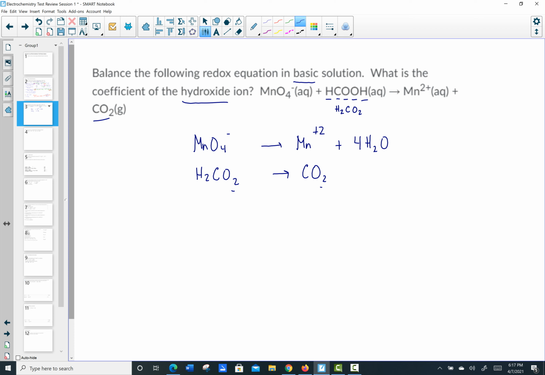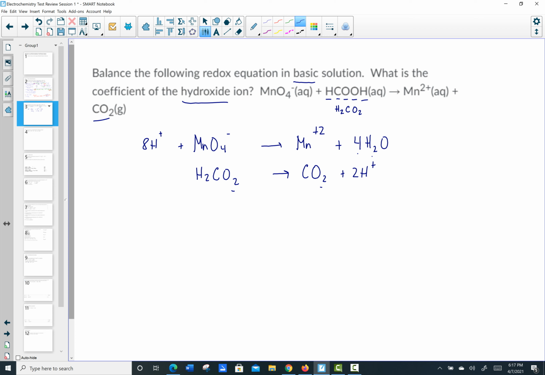The next step, let's tackle the hydrogens by adding protons. In the first half reaction, I can see 4 times 2 is a total of 8 hydrogens. So I'm going to add 8 protons, 8 hydrogen ions to the left. And in the second half reaction, I need to add 2 hydrogen ions to the right.